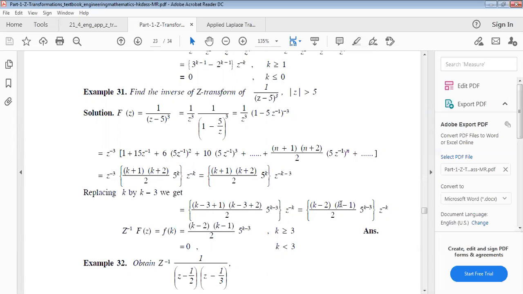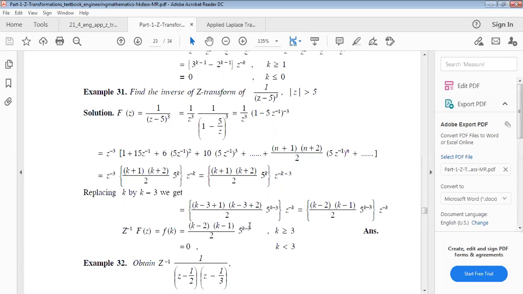So the inverse z transformation of F of z will be what? F of k. F of k means the sequence. Which sequence? This second bracket one: (k minus 2)(k minus 1) divided by 2, 5 to the power k minus 3. And this will be for what? k greater or equal to 3, because in 5 to the power k minus 3, k minus 3 will be positive.